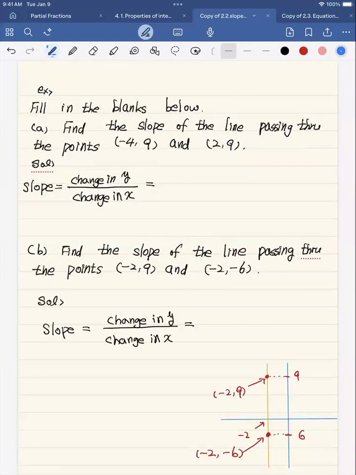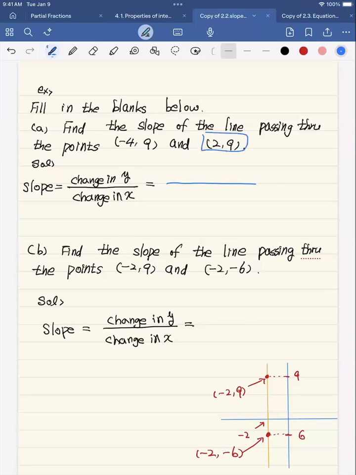In the next example, we have to fill in the blank. The first problem is find the slope of the line passing through the points -4 and 9 and 2 and 9. We have to think about change in y and change in x. As I said, we have to be consistent.